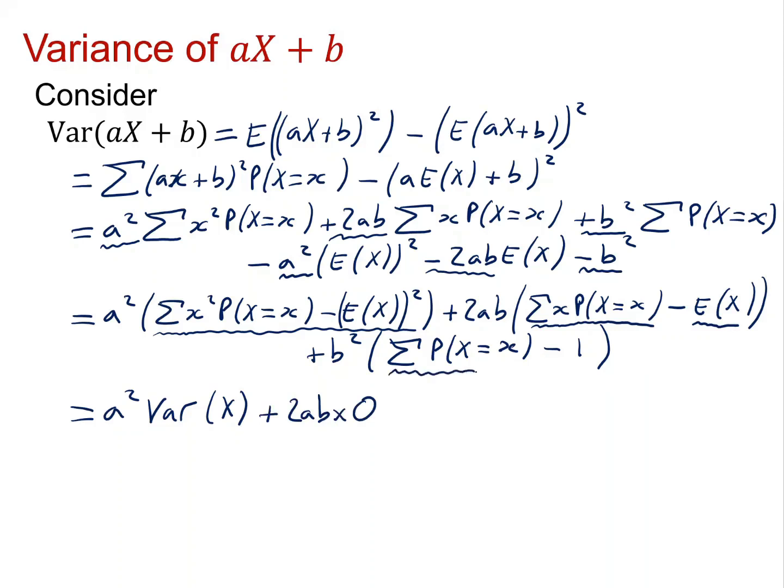Similarly, the sum of all the probabilities we know to be 1. So if we then take away 1, that means our b squared is going to be multiplied by 0 as well. So in summation, it's simply going to be a squared times the variance of X.